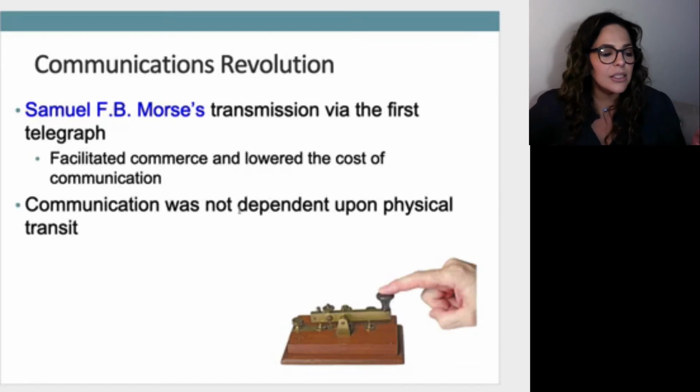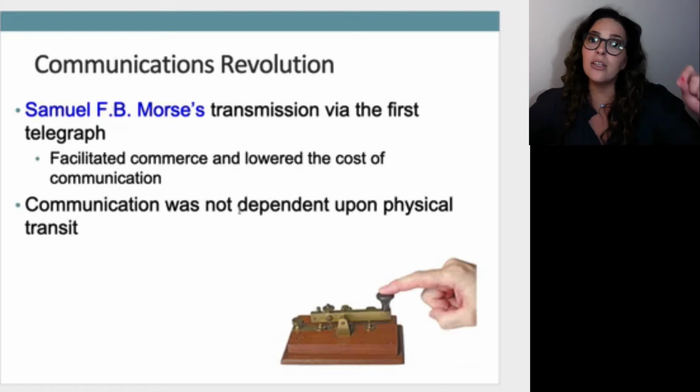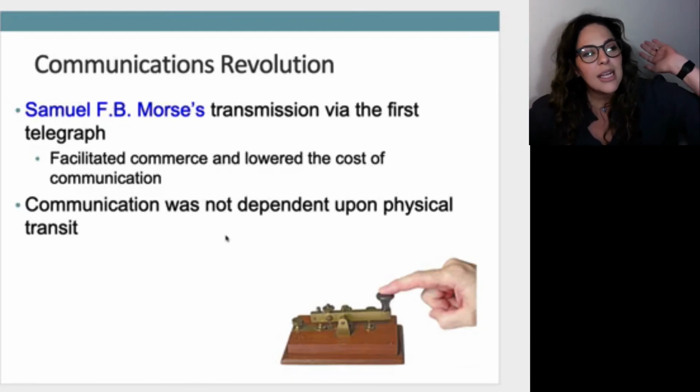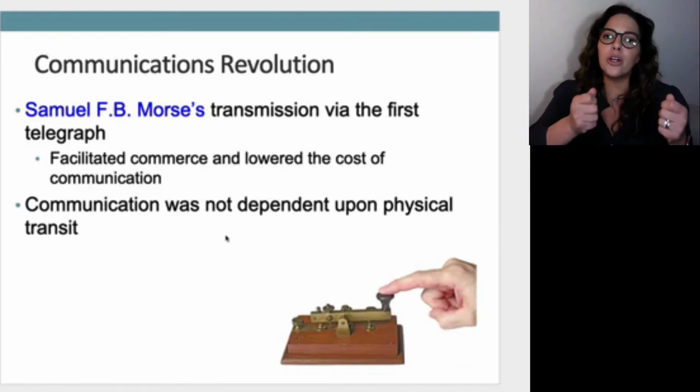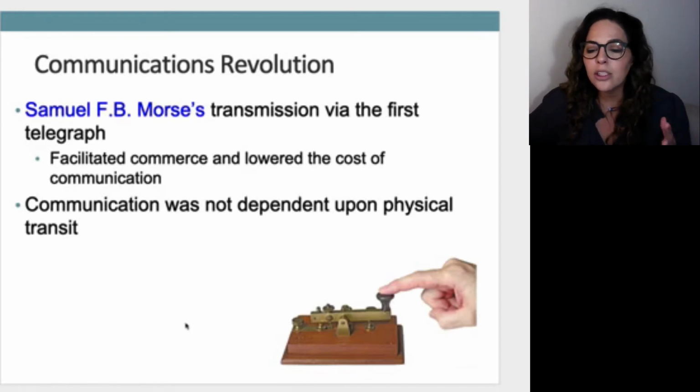And the thing that's interesting too is that a lot of these telegraph companies are going to use the railroads as the line of communication as well. So wherever you see the railroads, that's usually where the telegraph companies were, where you could go and get that message. So again, this is a complete revolution, because you're no longer dependent on physically being there to communicate with somebody.